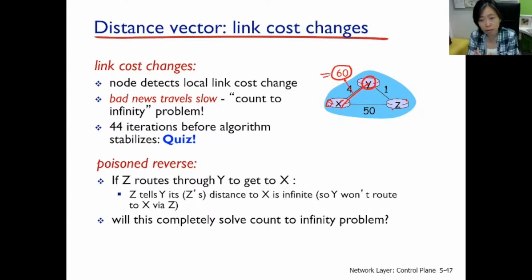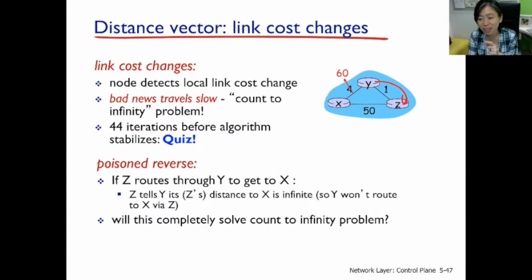So together, total cost 60. Not very good. But the other neighbor, z, was still under the perception that the best route is this and the cost is 5. And y says the link cost between y and z is only 1. So y is going to insist, why don't I send the packet there? z is going to send the packet on behalf of me, taking only a cost of 5 to reach x.